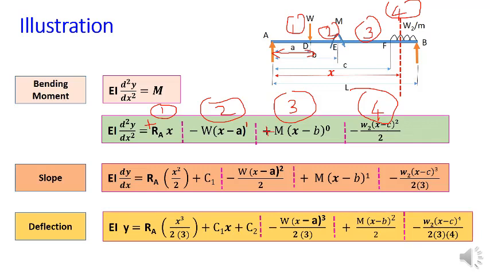And in the last portion we have the UDL. So UDL W into x square by 2. So W2 into x minus c, this is x minus c. So W2 into x minus c the whole square divided by 2.